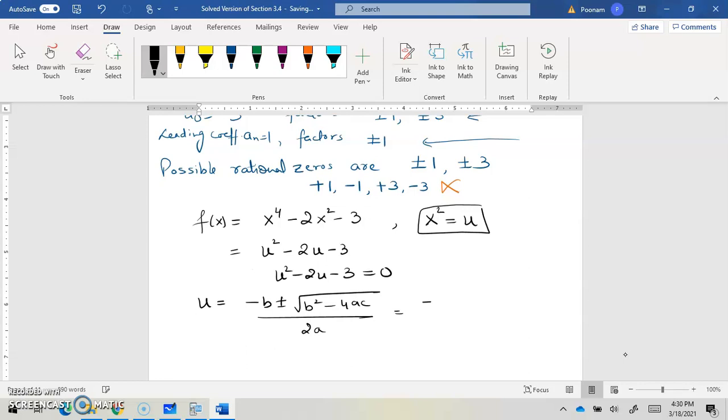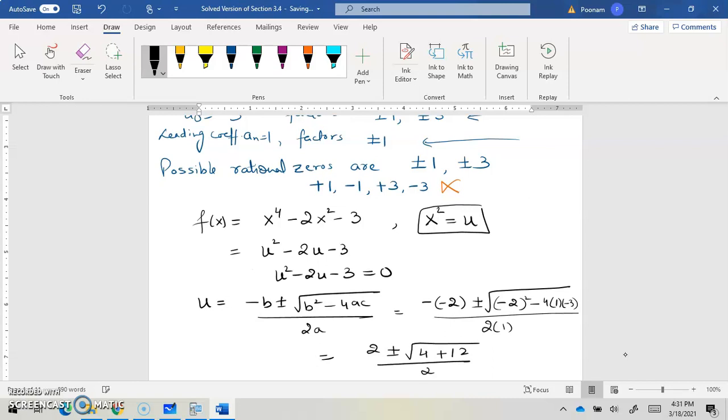You can use the formula -b plus minus square root of b square minus 4ac, all divided by 2a. b is -2. So this is 2 plus minus square root of (-2) whole square minus 4 times 1 times -3, whole thing divided by 2. If you solve that, you will get 2 plus minus square root of 4 plus 12, by 2.